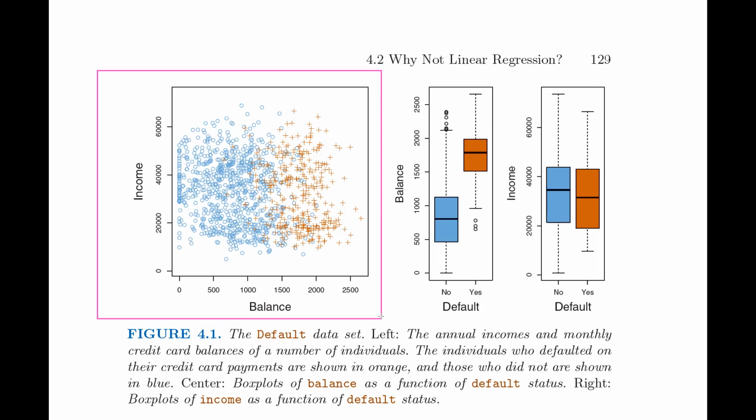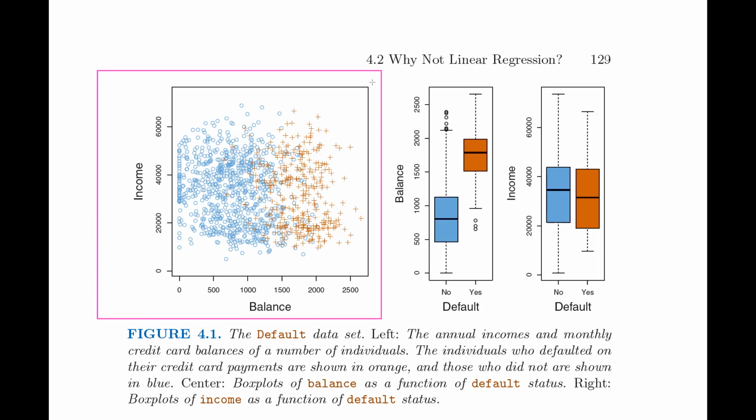There's income and balance. Those are predictor variables, our x1 and x2. Y is the color. The blue circles are where the person did not default over the lifetime of the loan. Orange is, well, the person did default.